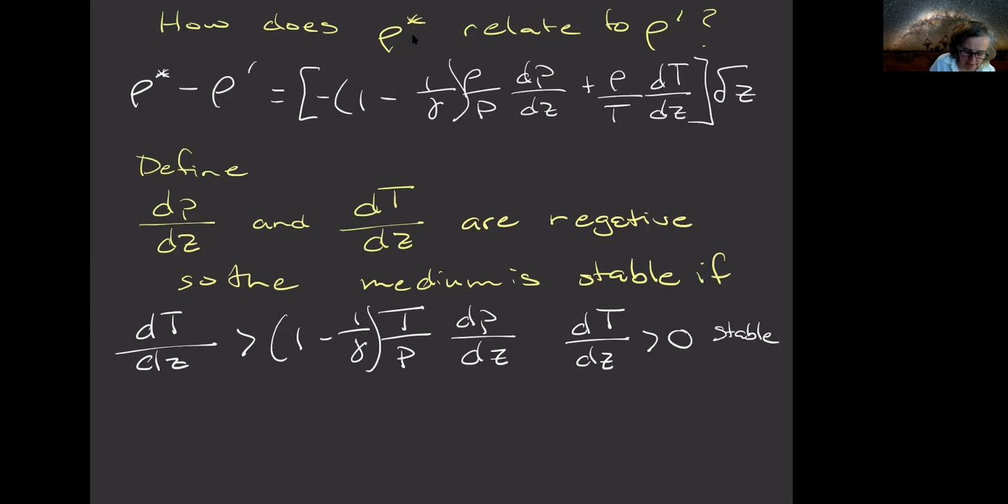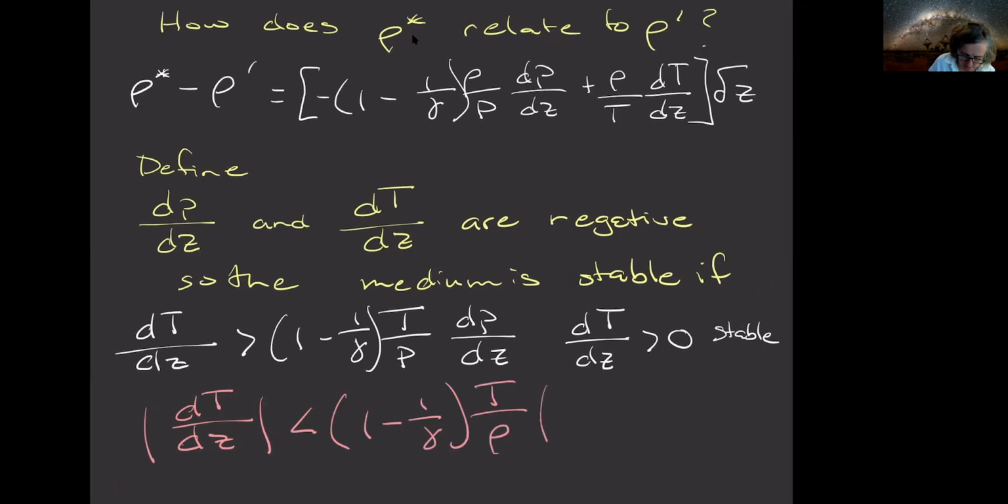And the convective instability is usually written in the form that the absolute value of the temperature gradient, this is the stability criterion. So it is stable if the absolute value of the temperature gradient is less than 1 minus 1 over gamma T over rho dp dz.